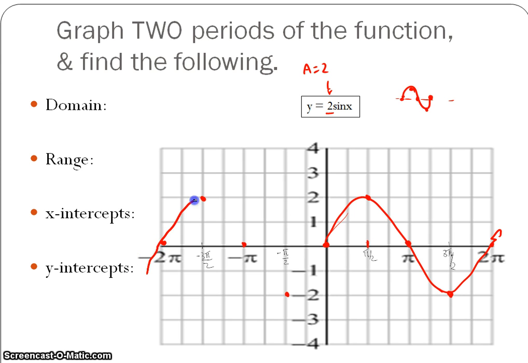And then we're going to connect it with a smooth curve, and then we have arrows on both ends. I want to see that both arrows, one goes up and one goes down, and I'm looking for all of my key points. Okay, and the key points are always evenly spaced along the x-axis.